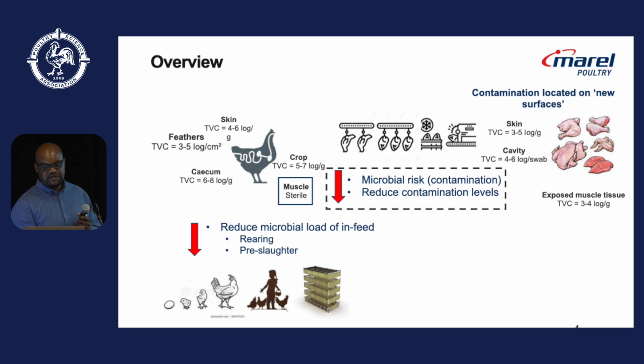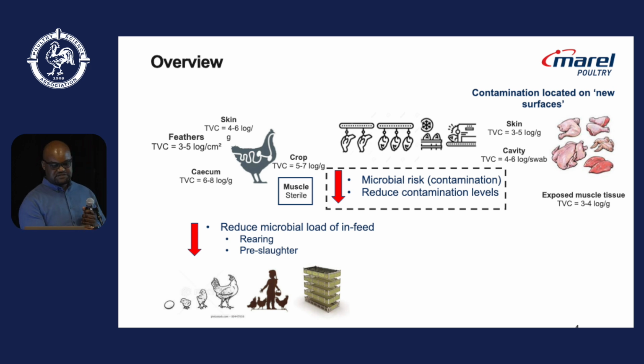Now, efforts to reduce contamination itself actually start before the birds arrive. Remember, I said that they arrive with a large microbial load on them. So the efforts to reduce normally start before this. These include efforts, for example, in the rearing or breeding phase, whereby the focus is mostly on reducing the prevalence of important pathogens such as Salmonella and Campylobacter.